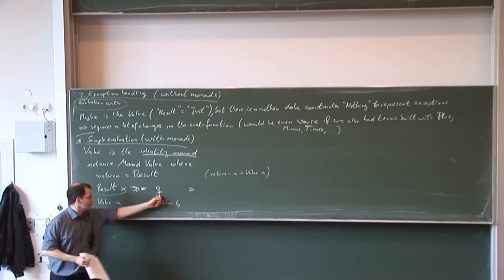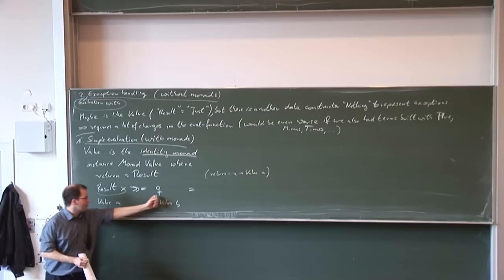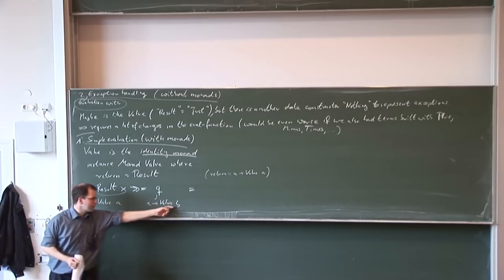Okay, so this Q is a function. What it should do is it should be applied to this X and then give you back this value B.